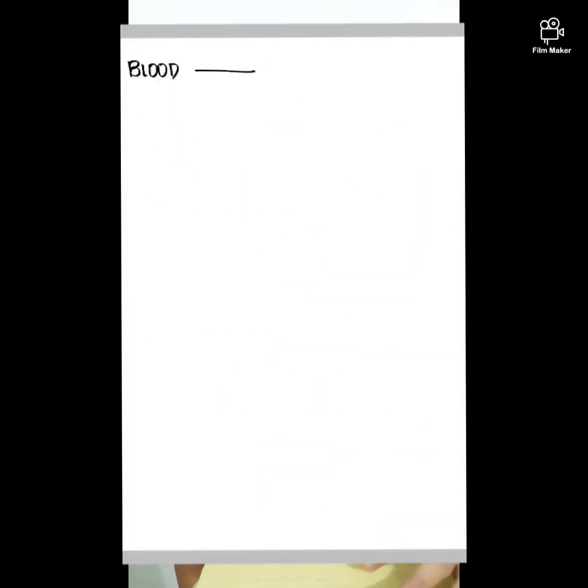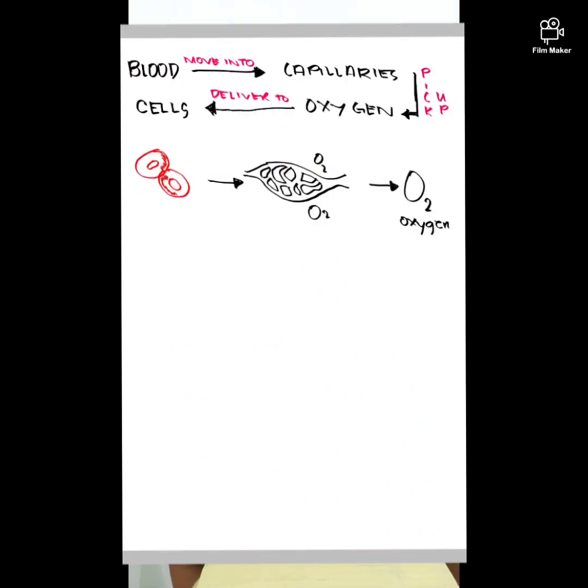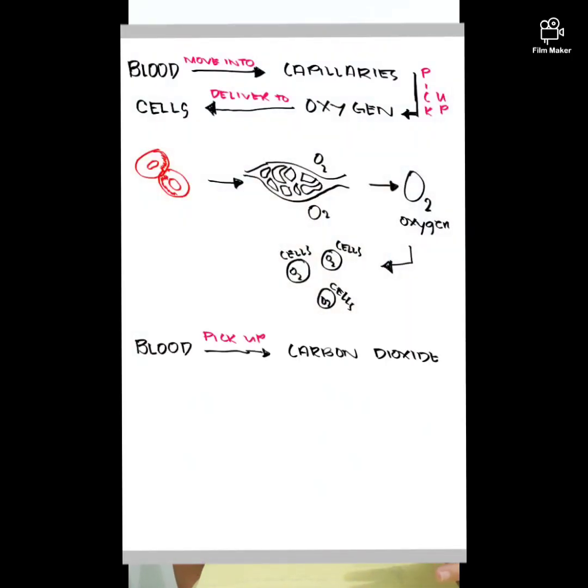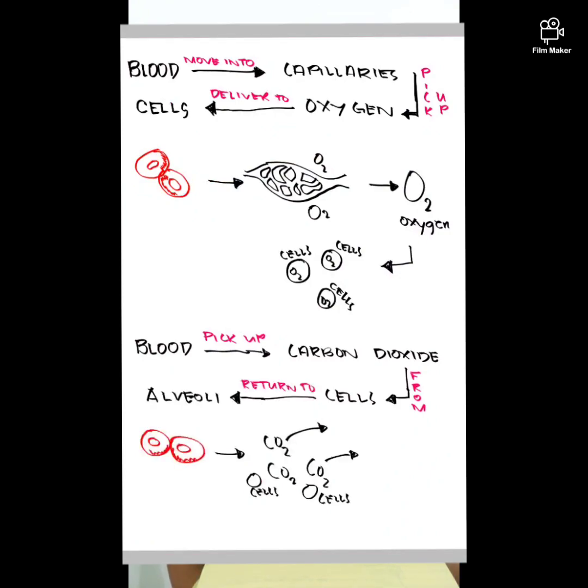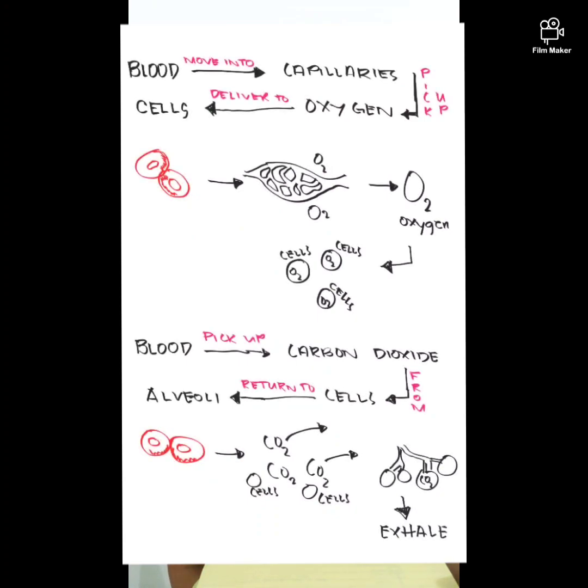The blood moves into the capillaries, and then capillaries will pick up the oxygen, and this oxygen will be delivered to every cell, while the blood will pick up the carbon dioxide from the cell and then return to the alveoli in order for us to exhale.